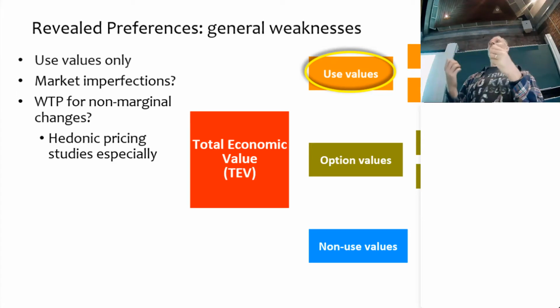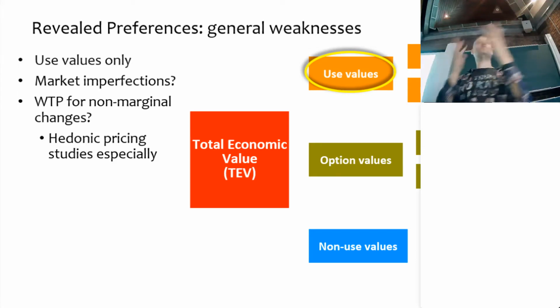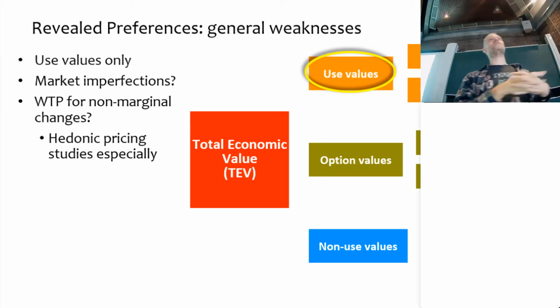I can only go from what you buy in the supermarket to what you would have liked to purchase in the supermarket, your preferences, by assuming that you were completely with it when you went to the supermarket, and that the supermarket indeed provides for your needs, that there's no market power pumping up prices, or that there's no rationing withholding certain options from you, right? I need to make those assumptions about how the market functions if I want to go from what I observe you do to your utility function.